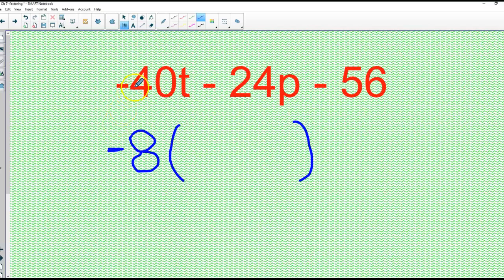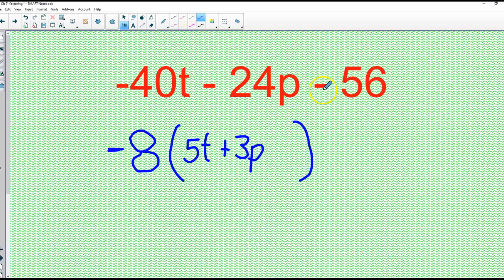Okay, now I think we're ready to go to work. So negative 40 divided by negative 8 would be a positive 5, and I'm going to bring the t down. Look at the next one. Negative 24p divided by negative 8. So a negative divided by a negative is going to give me a positive, and that would be 3p.